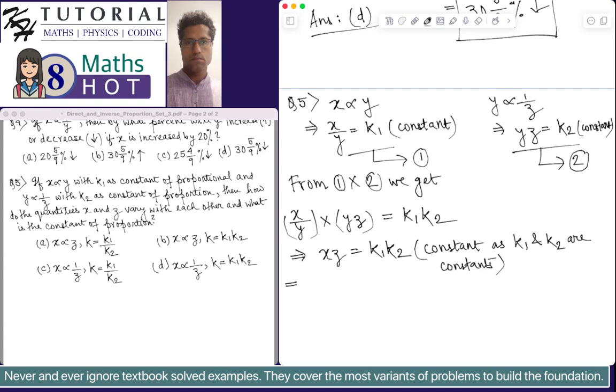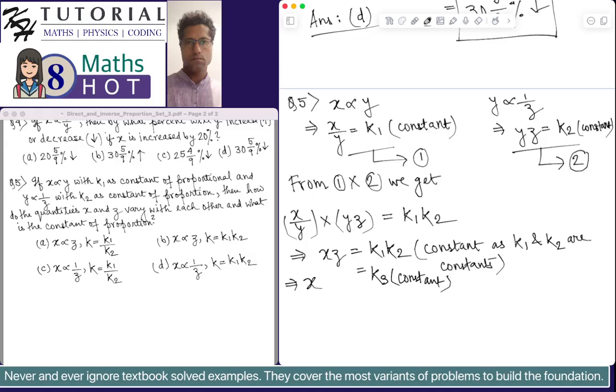So from this we can consider the constant k1 k2 as another constant k3. Now when the product of two quantities is a constant, we know that they vary inversely with each other.